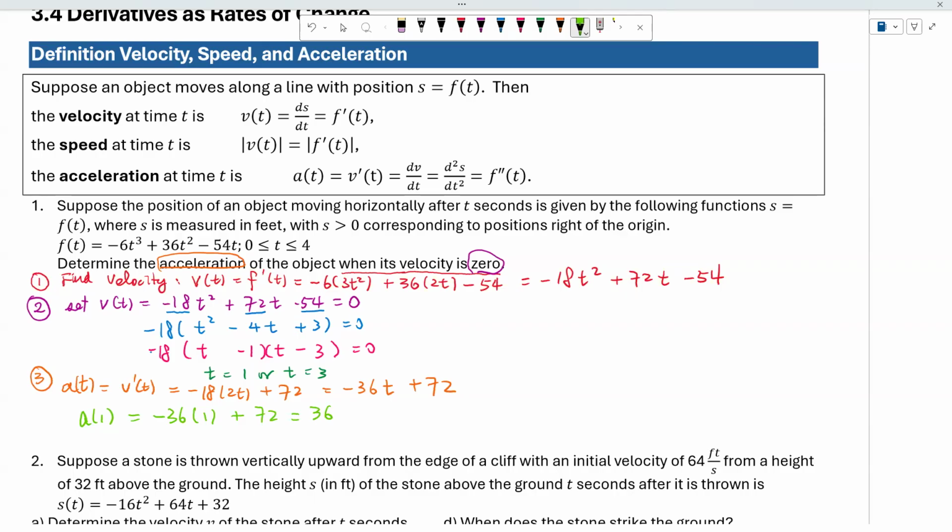And let us see what the unit is in this case. The velocity is the rate of change of the position function over time. Now the acceleration is the rate of change of the velocity over time. So the acceleration will be in feet per second squared.